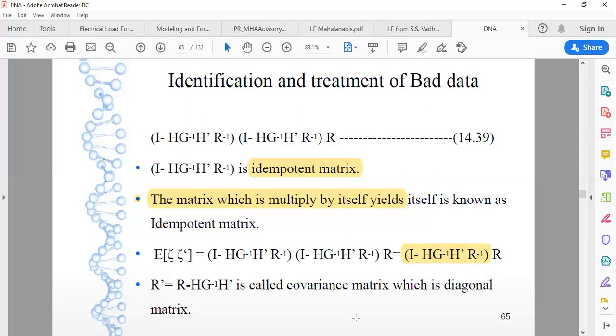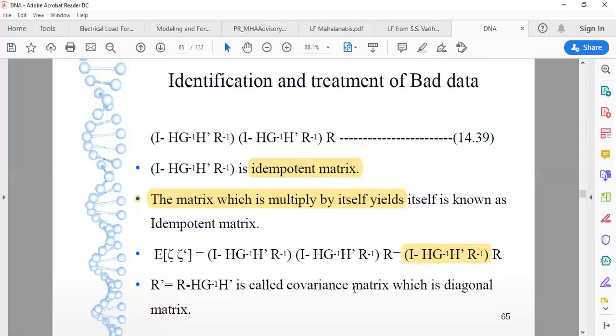Now what is R? See, don't misjudge. R is nothing but the variance. What is variance? Variance is nothing but sigma square. Now let's discuss further. We will define another matrix which is known as R dash. What is R dash?